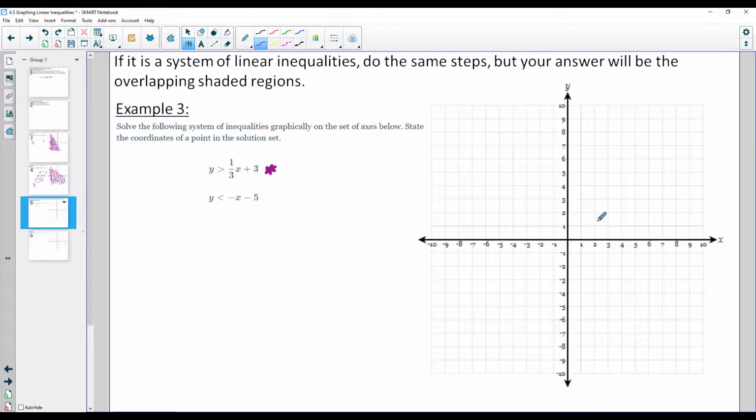We have plus 3, and then our slope is 1/3, so up 1 over 3, and it's positive, so I want it to be facing upwards, up 1 over 3. Down 1 to the left 3, down 1 to the left 3, and it's just greater than, so that means a dotted line.